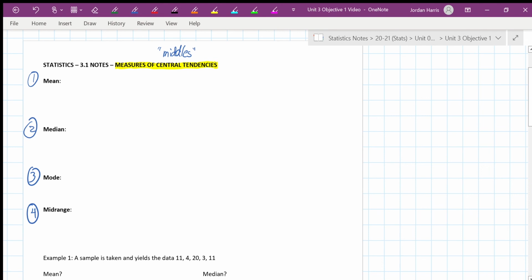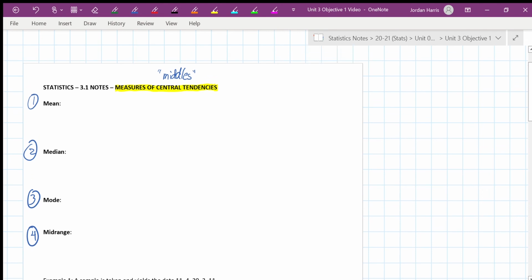All right, so the mean, we've already talked about this before. Most people know this as the average. This is where we add it up, but I'm going to start introducing the statistics formulas, not just what you've learned before in previous classes.